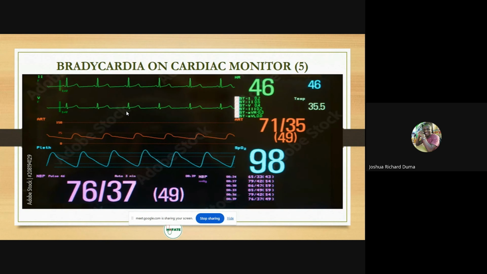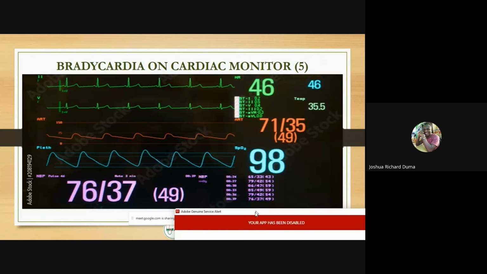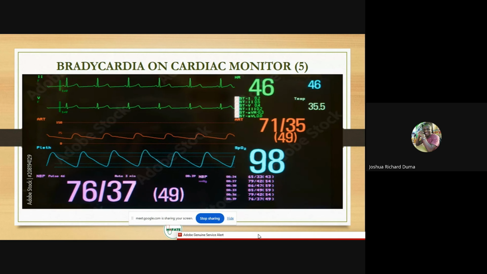We monitor the patient. So once the patient is displaying deranged parameters, first of all, you need to assess the patient. Is he or she showing the signs of slow heart rate? Is he or she showing the signs of low blood pressure? You need to assess the hemodynamic status presentations. Is the patient showing the signs of poor cardiac output?